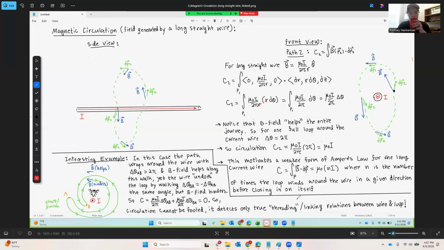I don't have it mapped out at this point, but Green's theorem and Stokes's theorem is what can take Ampere's law from a global form, like we know it from class. This would be a global form of Ampere's law. And using Stokes's theorem, you can write it in what's called the differential form, which looks something like this.